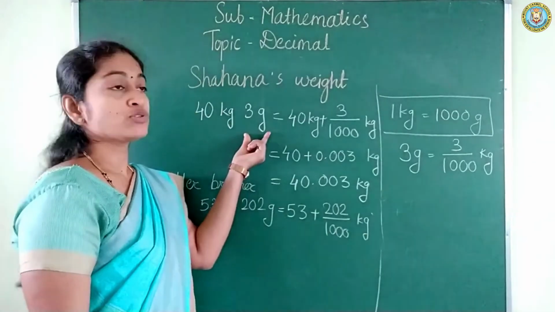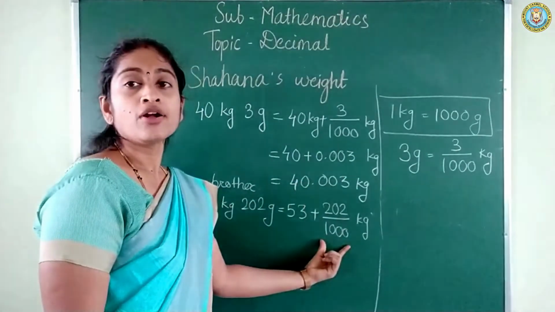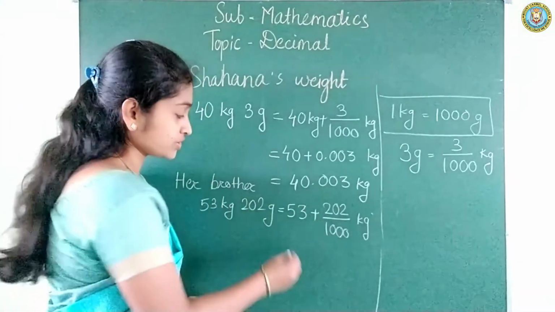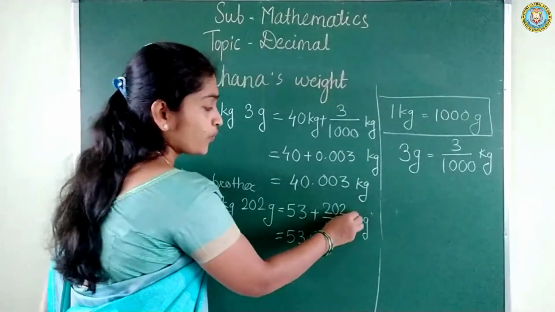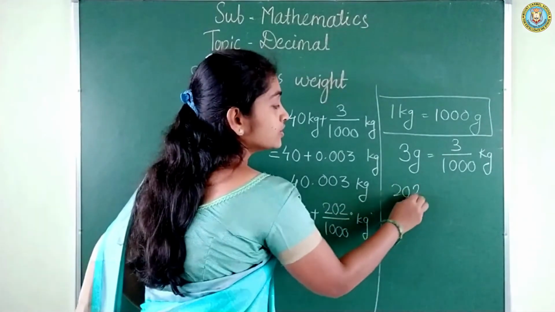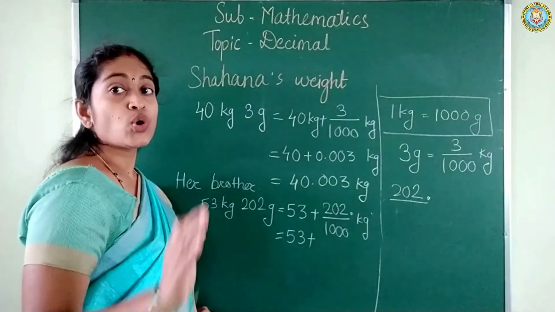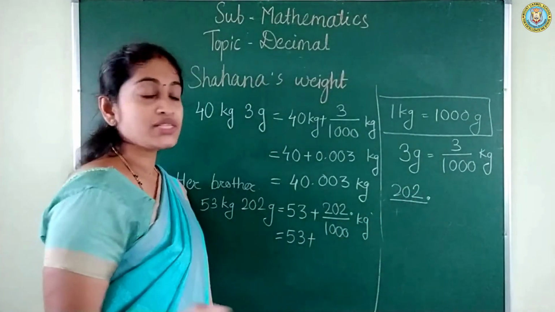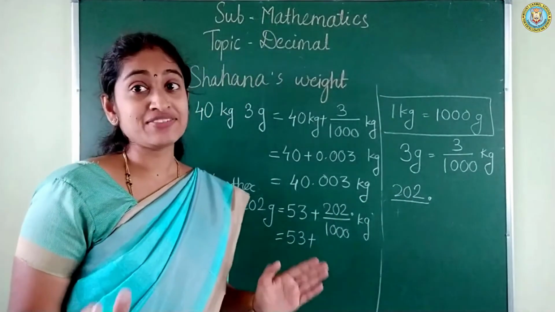Here grams, how to convert? Divided by 1000 we have to do. Now see 53 plus, where does this dot go? See here, 202. So the dot is always after this number. If no decimal point is there, it means the decimal point is after any number in invisible form.